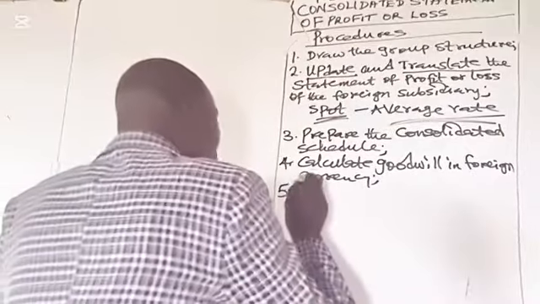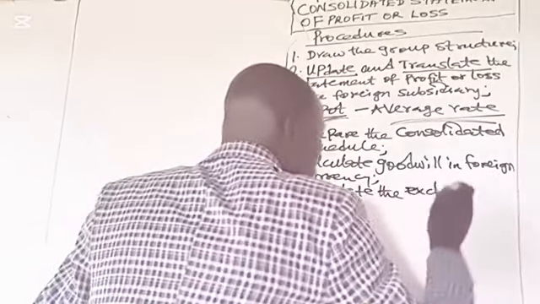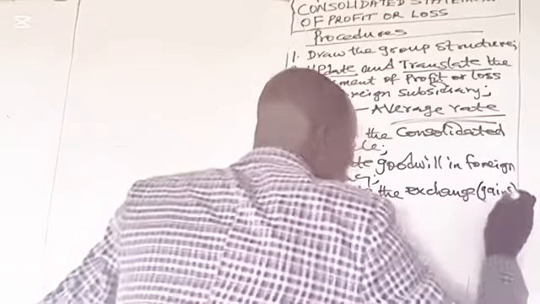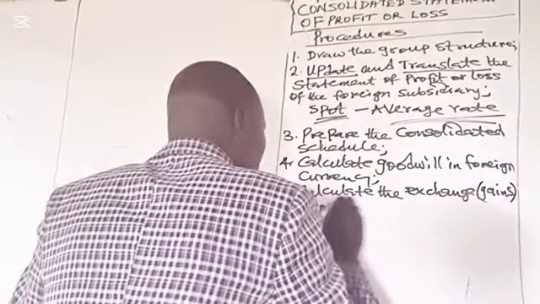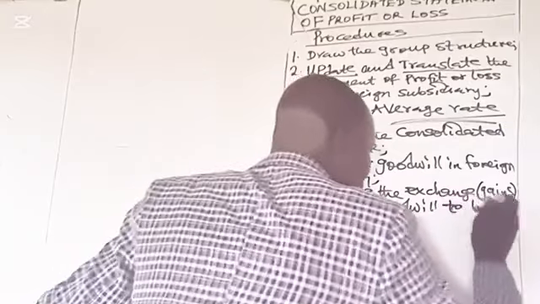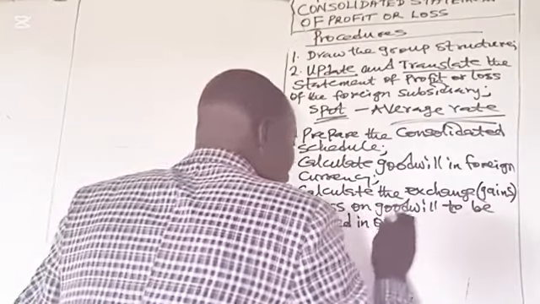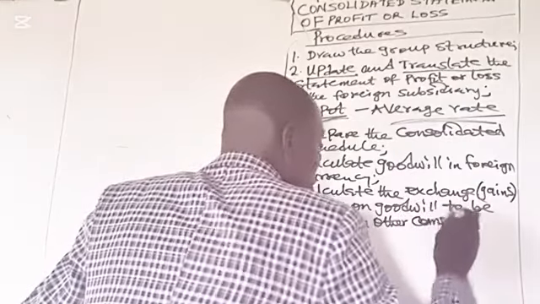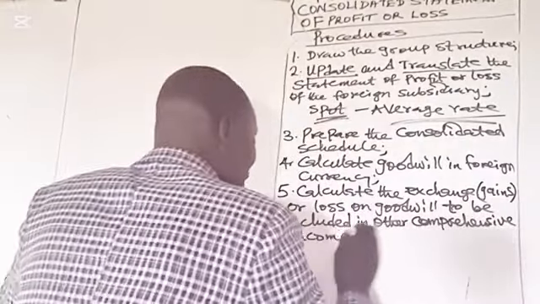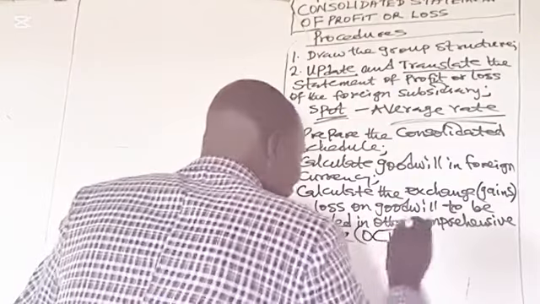Then the next step is to calculate the exchange gains or loss on goodwill to be included in other comprehensive income.